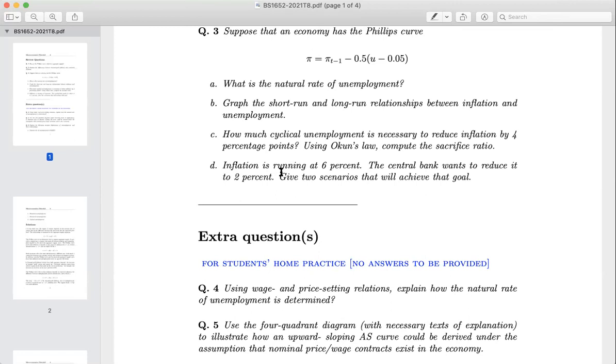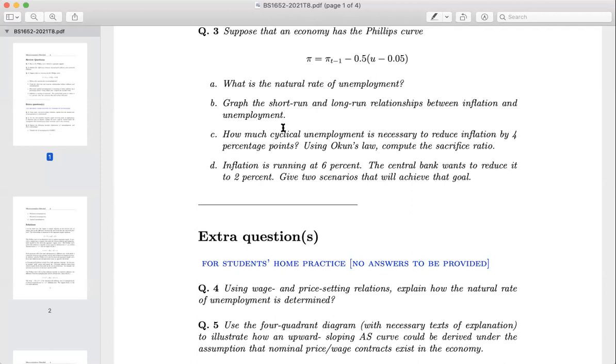Theoretically we could do that: rather than reducing inflation by 4% over 1 year and bearing the loss of GDP in a single year, I could spread it over a couple of years. That's what the question wants you to discuss, whether to bear all that loss in 1 year or to spread it over several years.